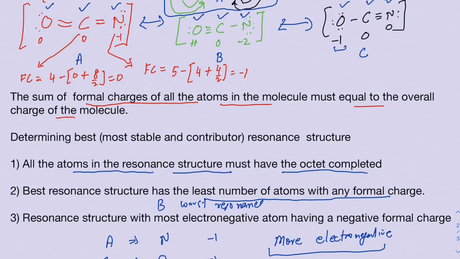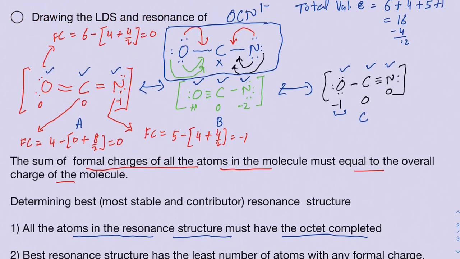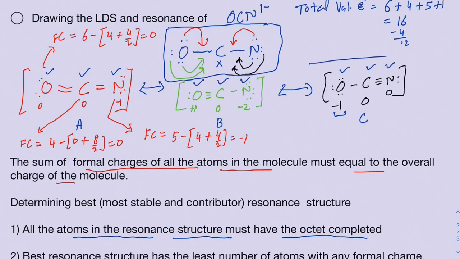And that's the reason C would be the most stable, or the most significant contributor of the resonance structures. So my C resonance structure is going to be the most stable, and then your B is going to be the least stable.